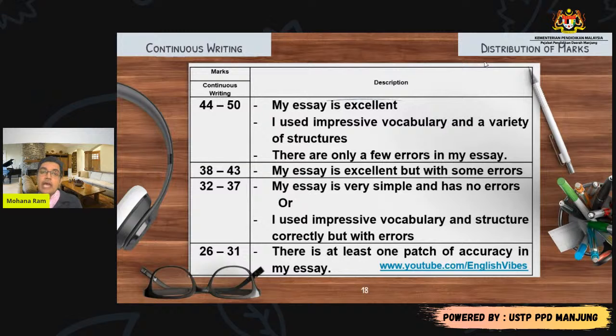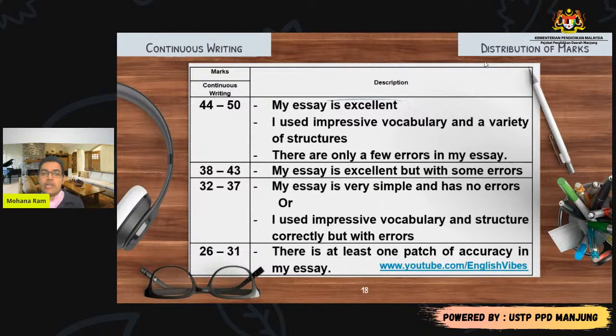If your essay is between 38 to 43, it means your essay is excellent but with some errors. And if your score is 32 to 37, it means your essay is very simple, and you use impressive vocabulary and structure correctly but with some errors, okay?